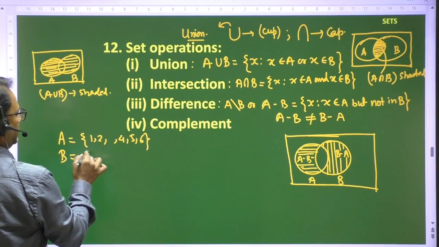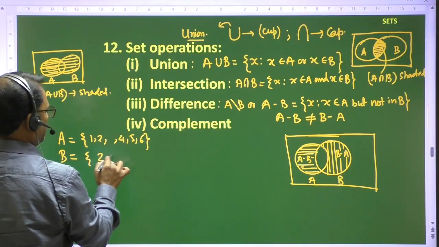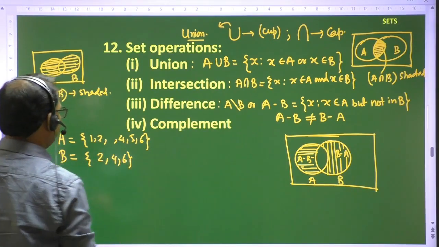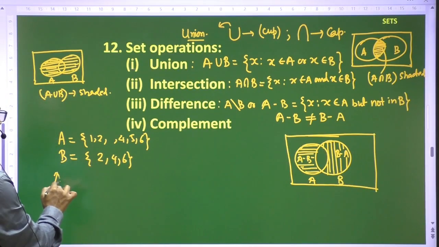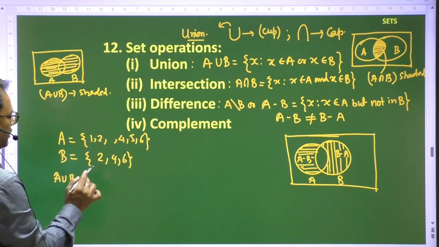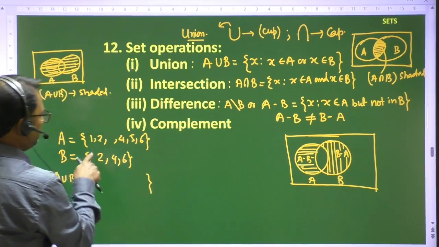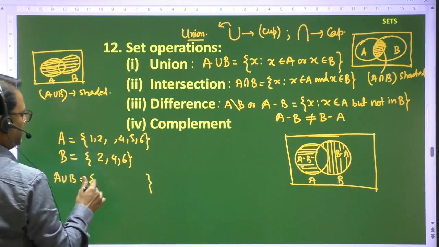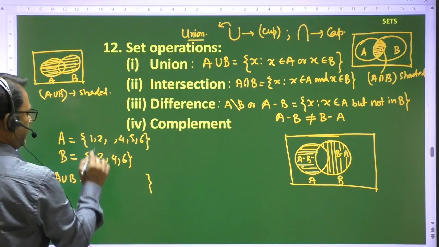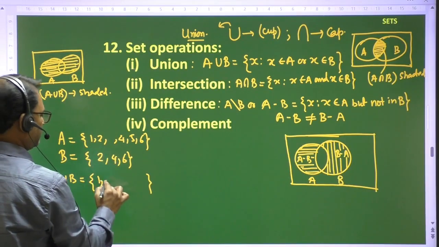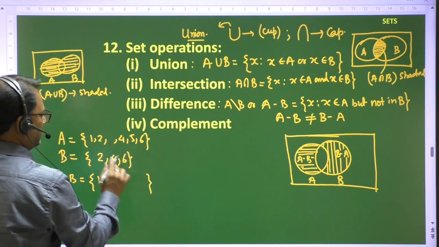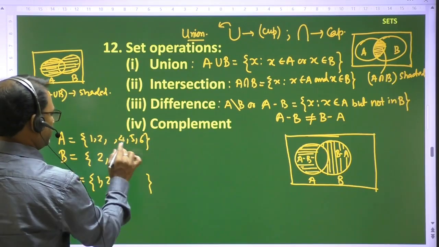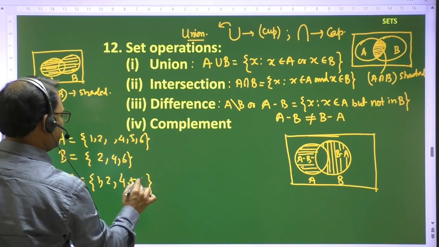B, I am taking like this one, 2 4 and 6. Now if you take their union, A union B, what will it be? The elements you have to take are those present either in A or in B. Repetition of the element is not required. 1 present in A you have to take, 2 present you have to take, 3 is not present in both sets, not required, 4 present, 5 present and 6 present.